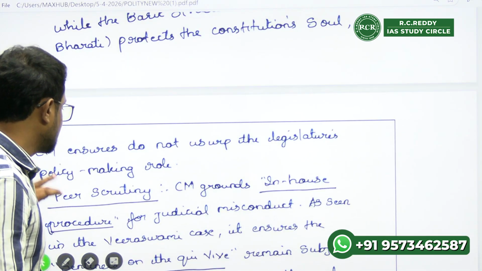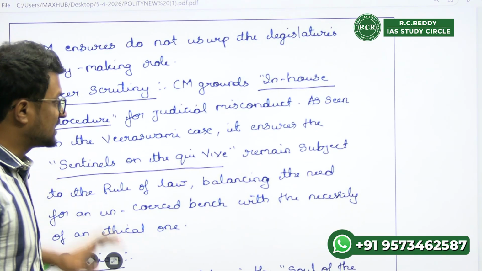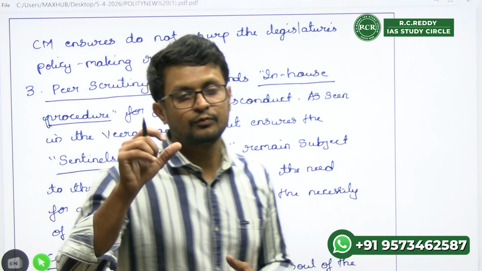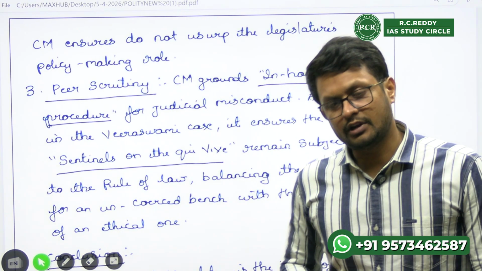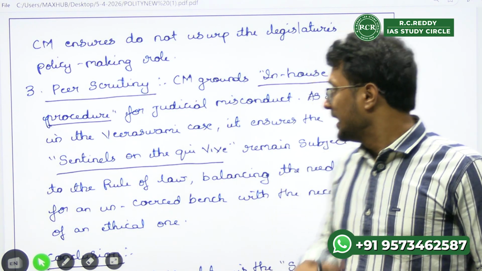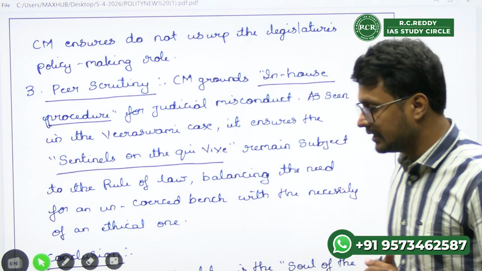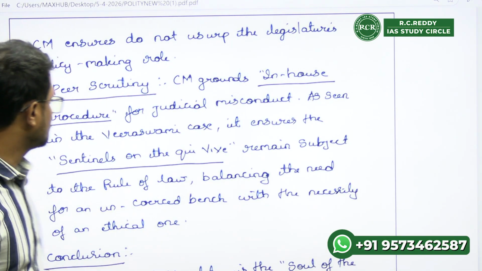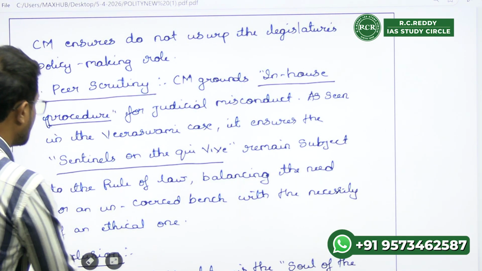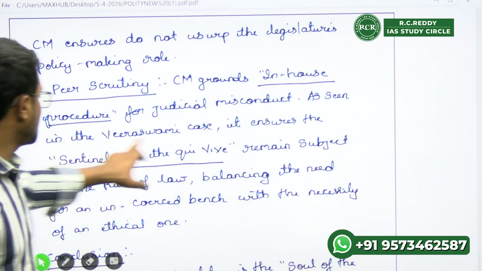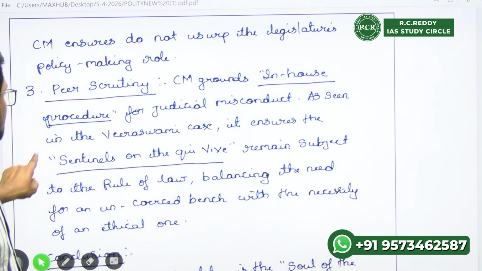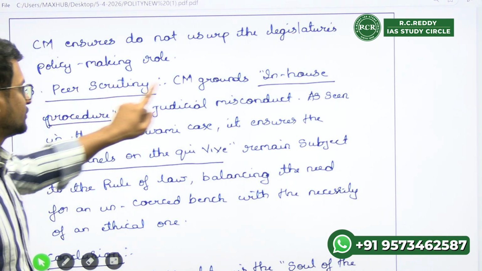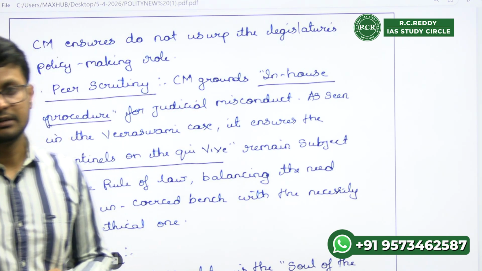The third one is when the judiciary is involved in the appointments process, it follows constitutional morality so that it becomes more responsible and the in-house procedures are not opaque. That is why in the Veeraswamy case, it is said that constitutional morality grounds in-house procedure for judicial misconduct.